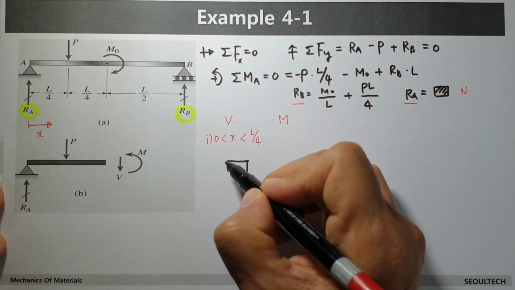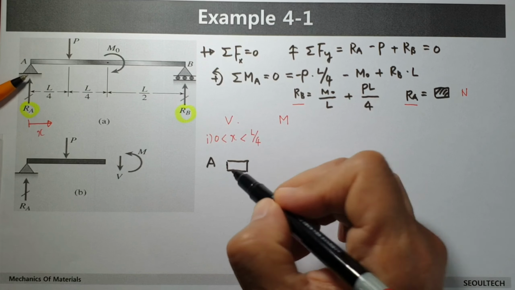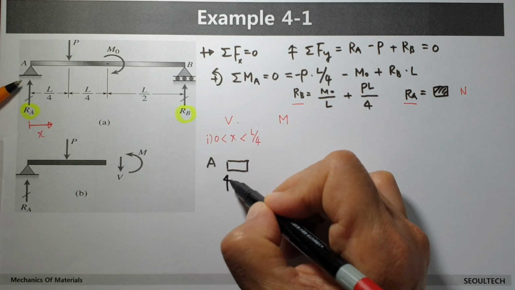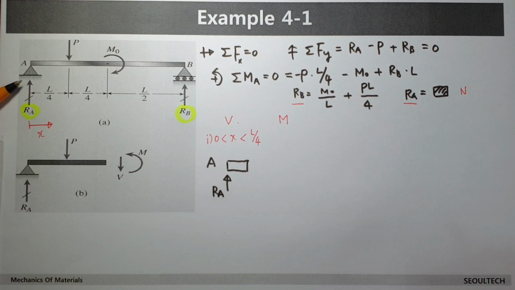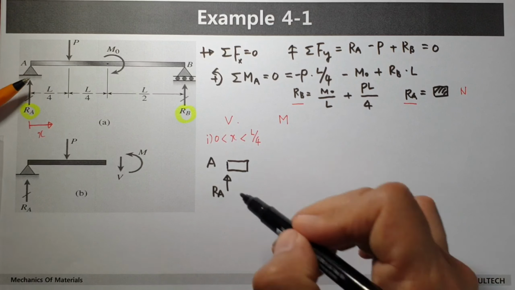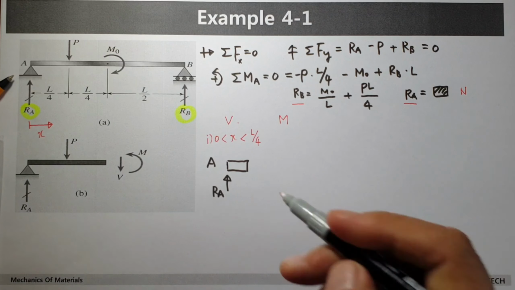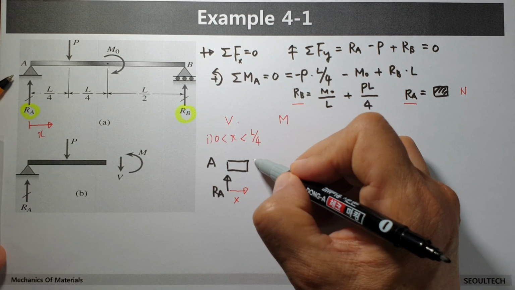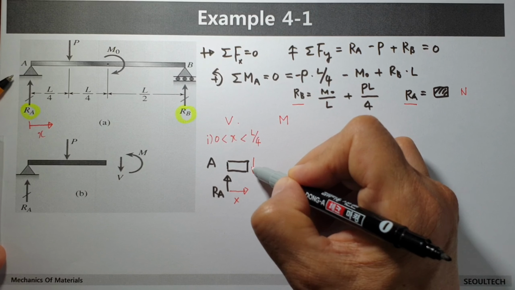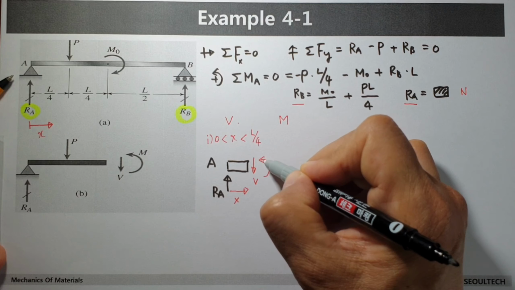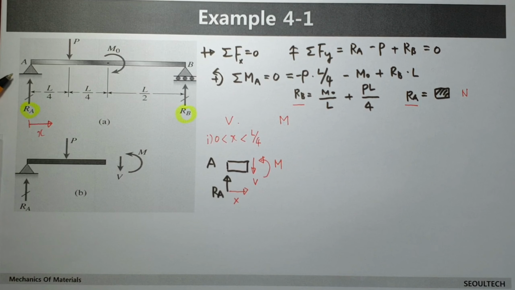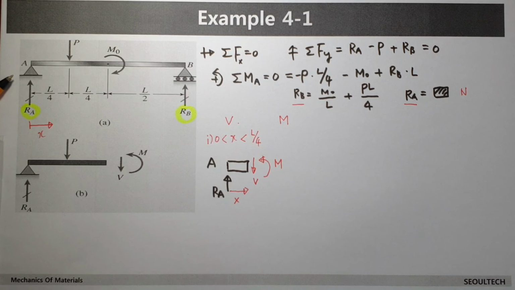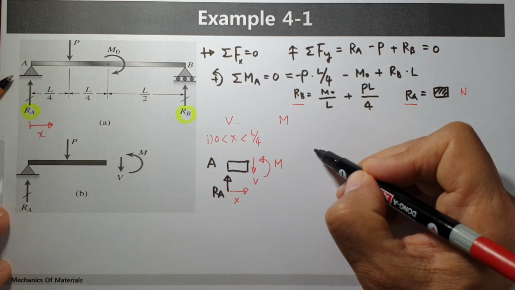This one is A, on the left side. And here we have the RA value. On the right side, when you cut somewhere here, let's say this distance is x. And we can introduce here, downward direction is positive, V. And this one, moment M, is like this. Then in this range, V equals what?